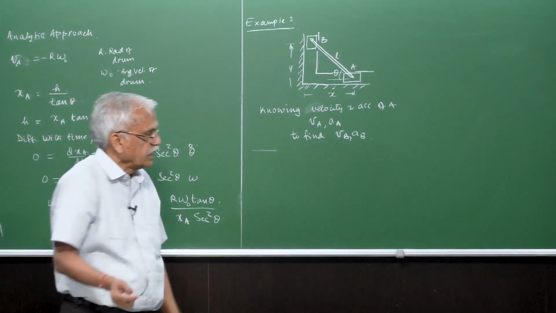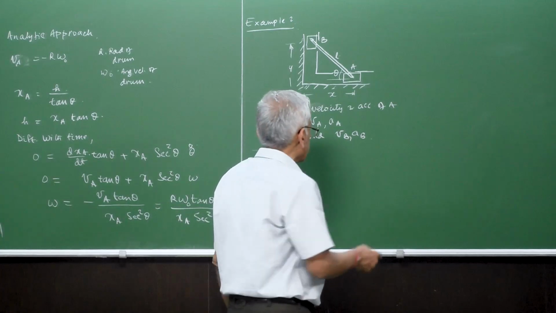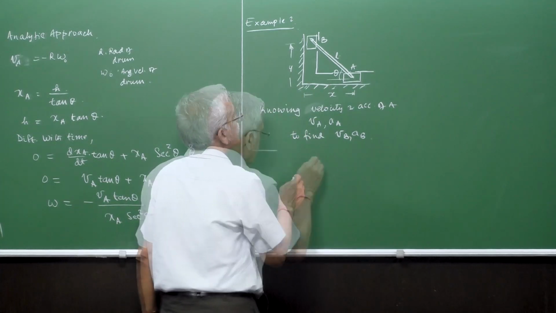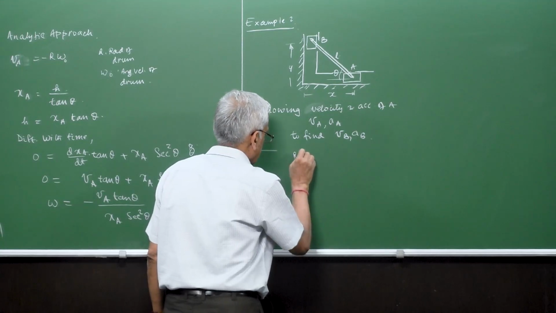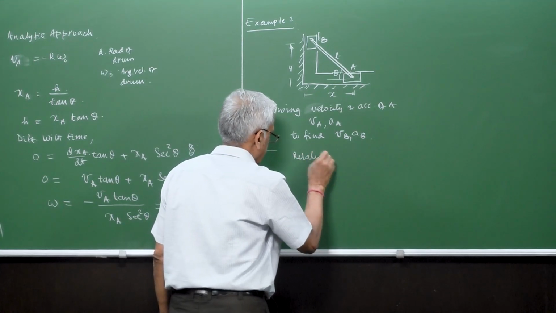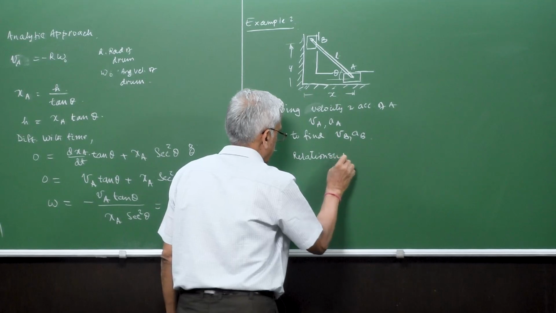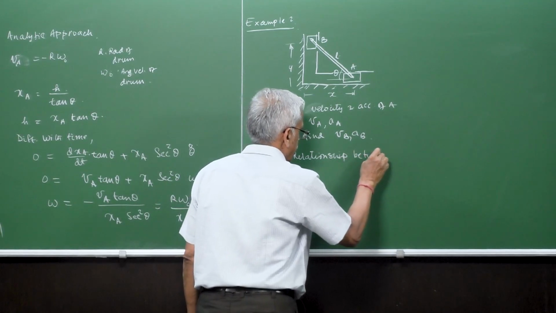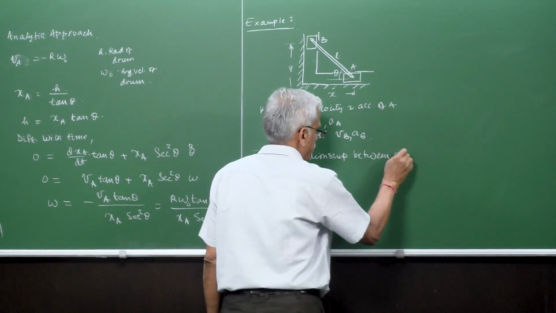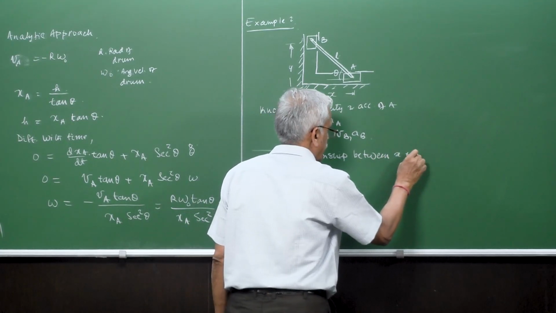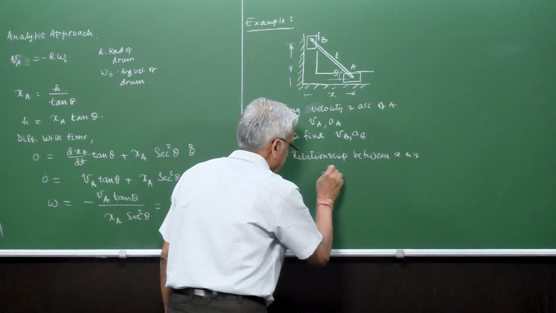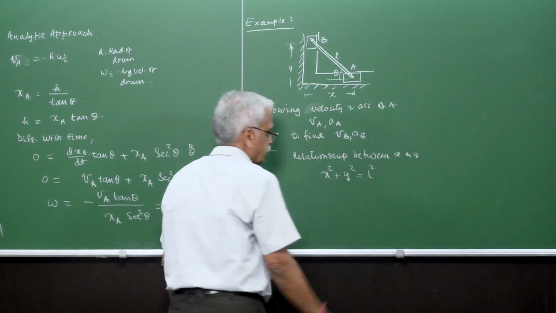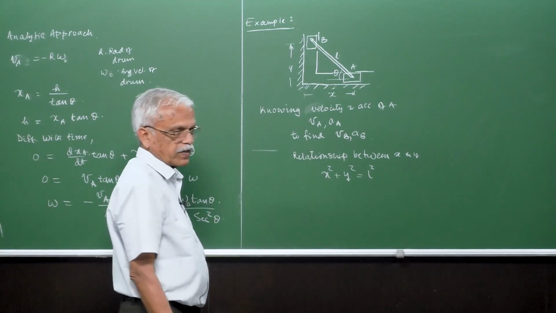Or another way is the relationship between x and y, which we can directly write like this. So this is more convenient: x squared plus y squared is equal to L squared.